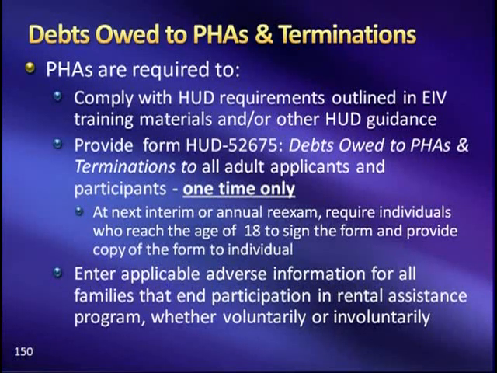I sent out guidance when we first deployed the debts owed module, reminding you that if you have families who have left the program prior to the creation of the debts owed module and you're going to enter debts owed information or any adverse information for those families, you are required to mail to the last known address of that family the HUD Form 52675, and on the signature line indicate mail to last known address on, and put on the date line the date that the form was mailed, and maintain a copy of that in the file. Okay, and that's, again, that's to cover you and to cover HUD.